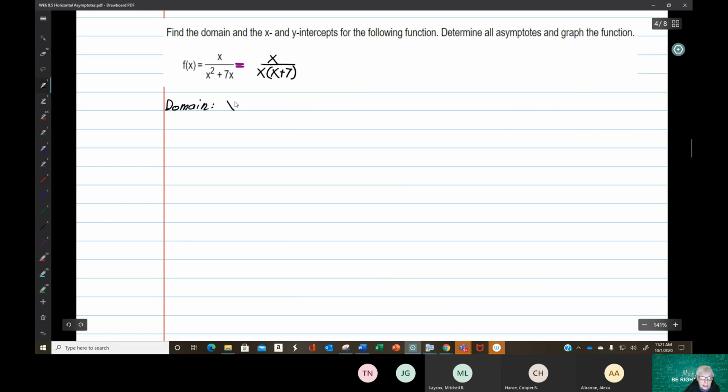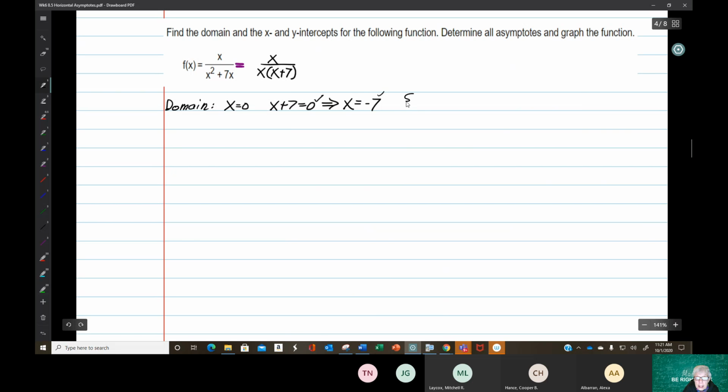And for domain, we're going to have x equals 0 and x plus 7 equals 0. And what that gives us is x equals -7. These are the two numbers that will make this denominator equal 0.